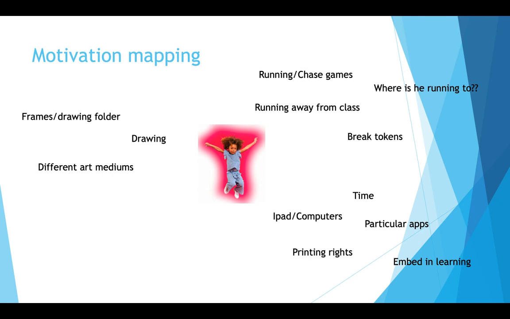So if a child loves drawing and they love the iPad or computers, then maybe there's a reinforcer in the middle here. Okay, would he be super motivated then to engage in some YouTube tutorials on how to draw certain things? So trying to cross the bubbles is always going to give you a stronger reinforcer to use.